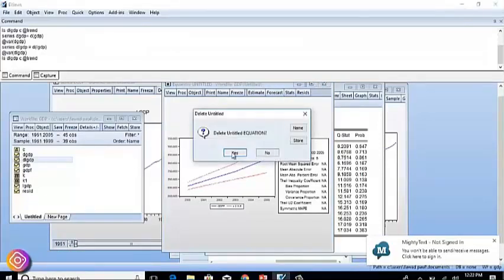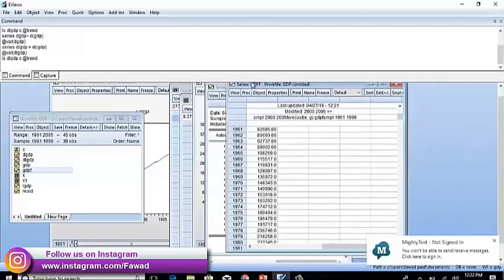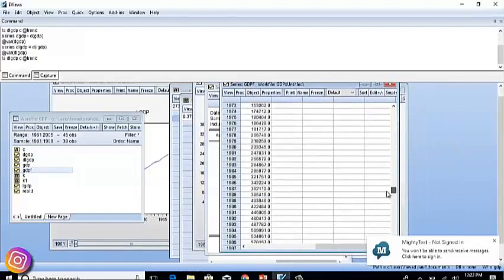Let's check the forecasted values. We have calculated from 2000 to 2005. These are all the forecasted values which we calculated from the autoregressive integrated moving average. Let's compare with the original data.